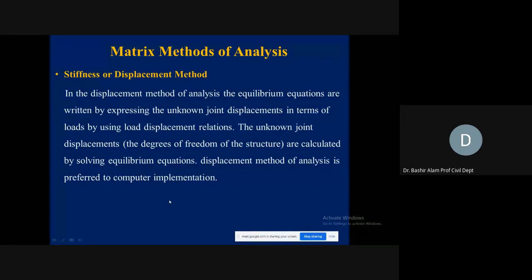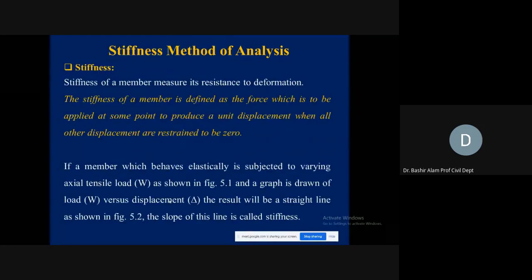So this is more organized, which is why it is the preferred method for computer implementation. The structural software we have, like SAFE or ETABS, is based on the stiffness method. Now, what is stiffness?